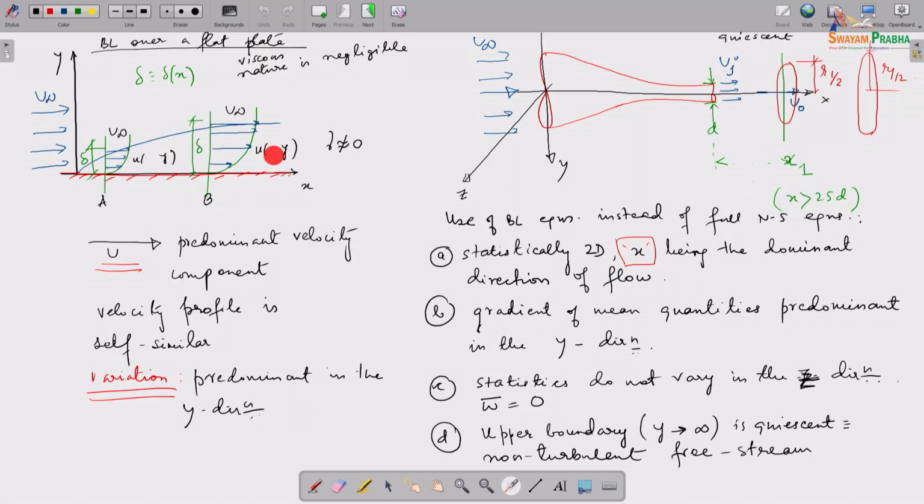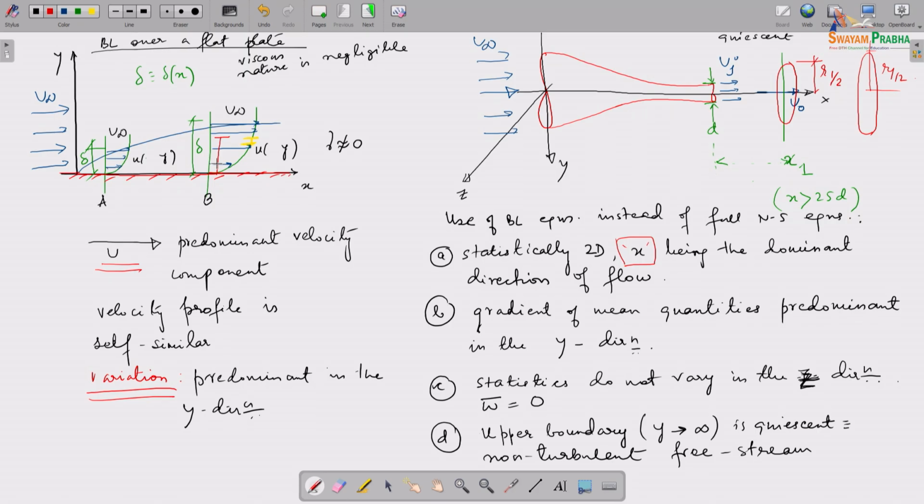Take the velocity difference between a location somewhere here and here. You can see it graphically. This is your velocity difference. If you take this location and this location, then this is your velocity difference.